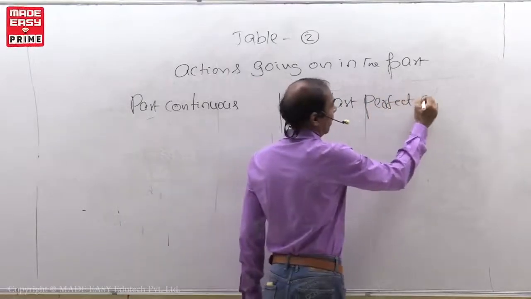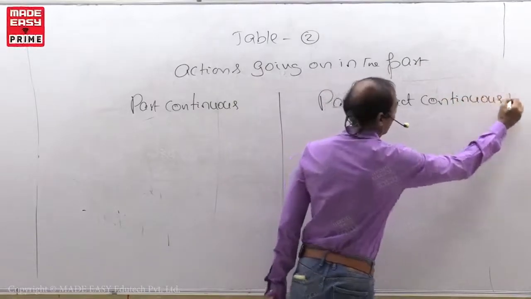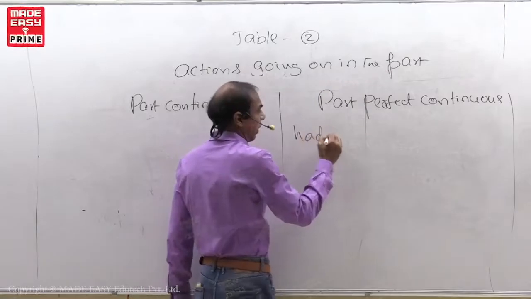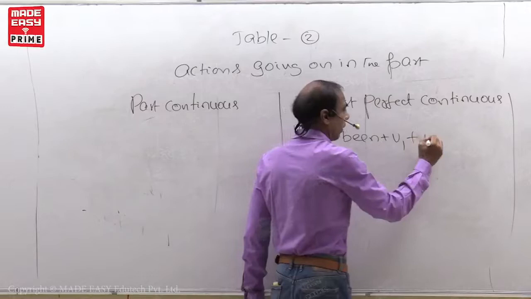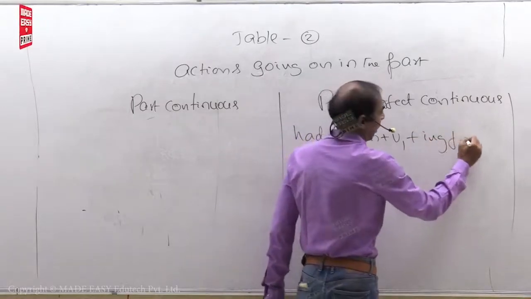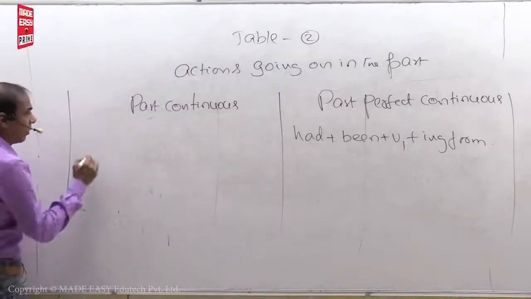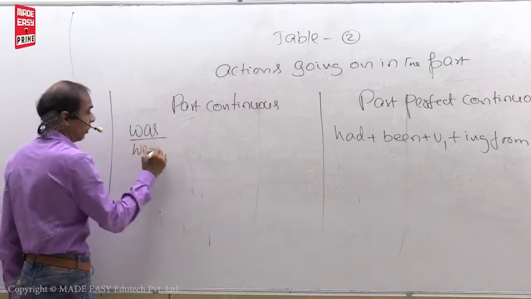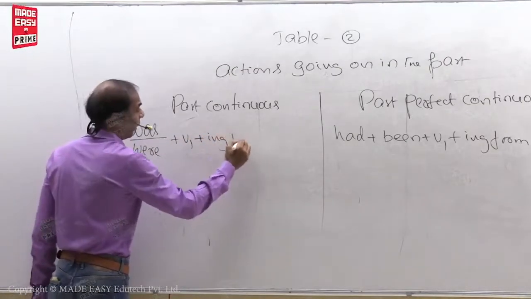Past perfect continuous. The formula of past perfect continuous is had plus been plus V1 plus ing form. The formula of past continuous is was or were plus V1 plus ing form.